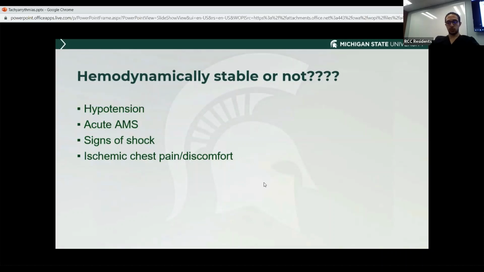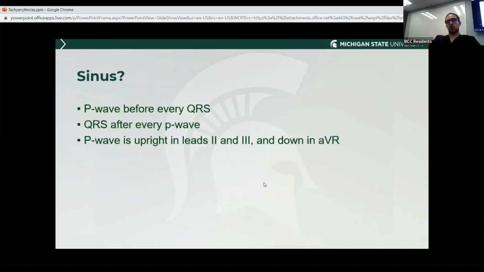And before we go further, in every single morning report, for every single patient you see, you read the patient's EKG. And in order to understand if this patient has a sinus rhythm or not, you need to be able to identify what's sinus rhythm.